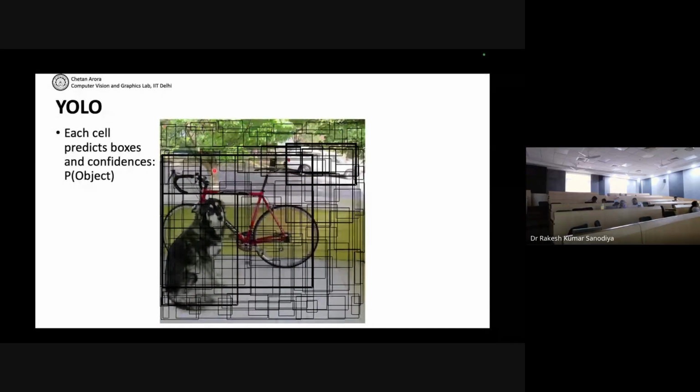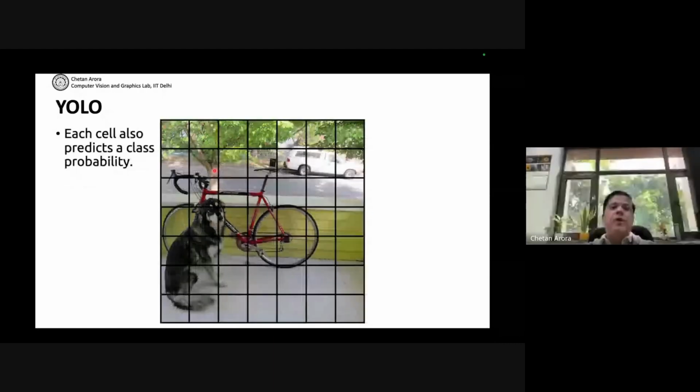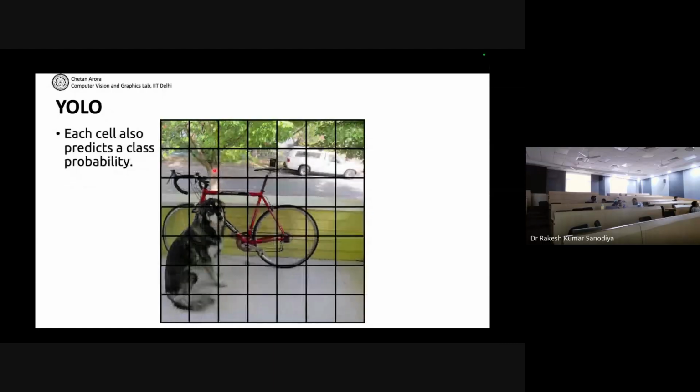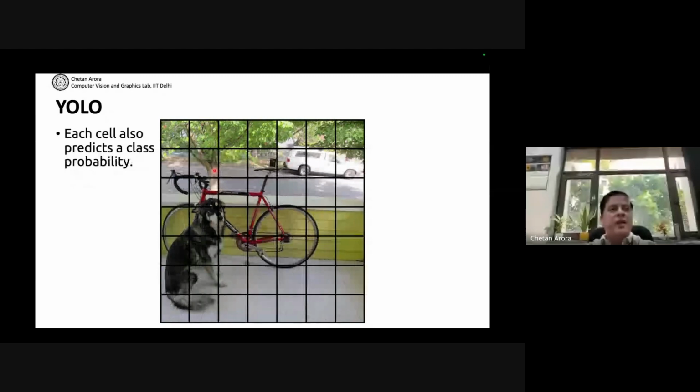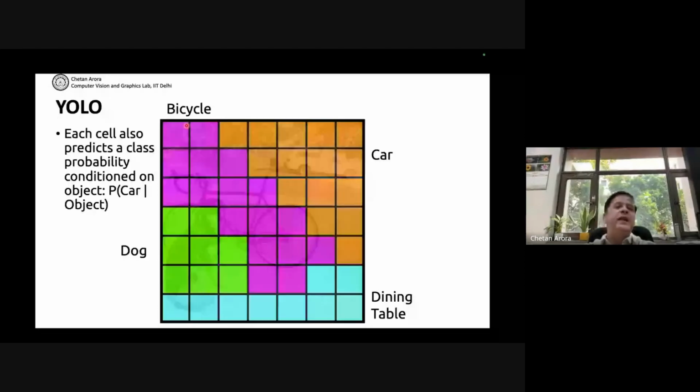Now, for each of these boxes which I just predicted, I'm also going to predict a class probability, which says which kind of object is present in that box. So let us say the color now shows the class. Each of these cells says that an object of type dog exists at this location. All these cells say that an object of type car exists here, and so on and so forth.